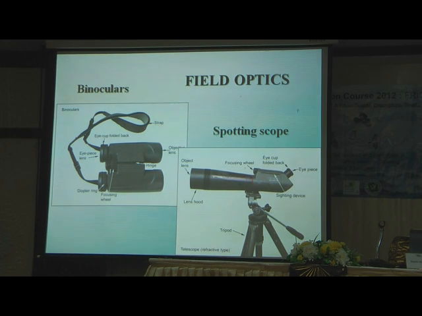If you have a pair with eight times, you won't be able to see much detail. If you have a scope, that will be even much better. It's a bonus. You can cover a wider field over a longer distance.